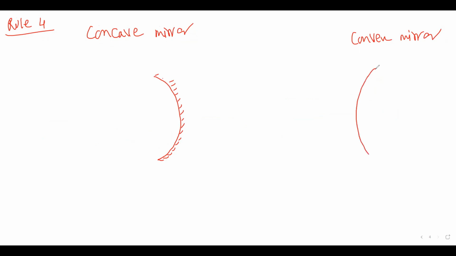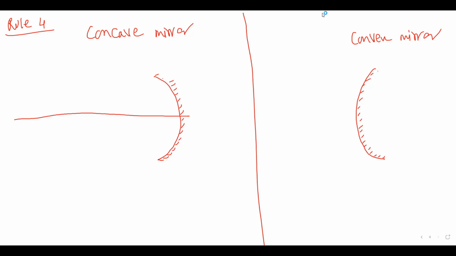This is a convex mirror. Principal axis.